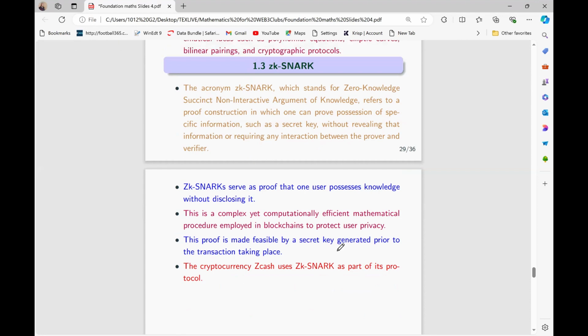Now, this proof, the ZK-SNARK, is made possible by a secret key, which is generated prior to the transaction taking place. Of course, in the example we looked at earlier, we talked of somebody encrypting a message and putting that on the blockchain. The process of encrypting requires some key, and this secret key will be generated before the transaction takes place.